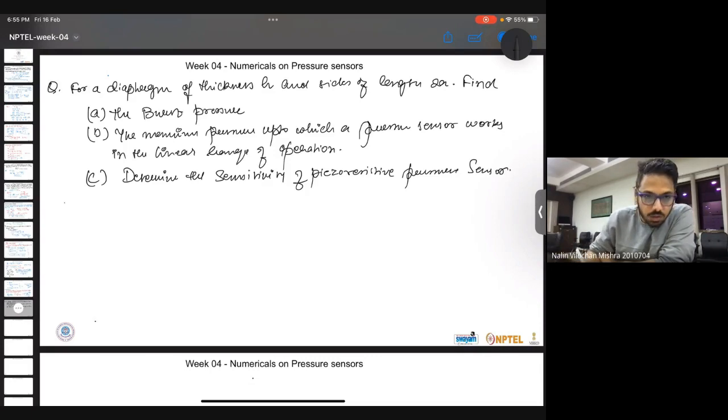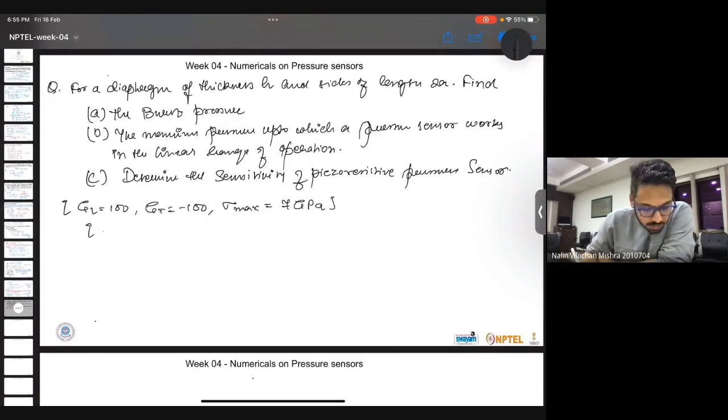The values which you need to use in this numerical are: GL value is given as 100, the value of GT is given as minus 100, sigma max is given as 7 gigapascal, the dimensions are h equal to 5 micrometer, a is 250 micrometer, g1 is 5.9.